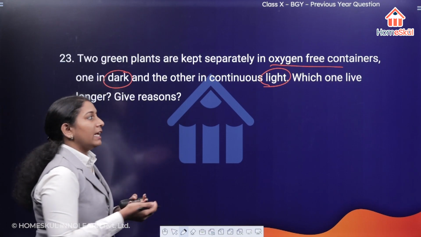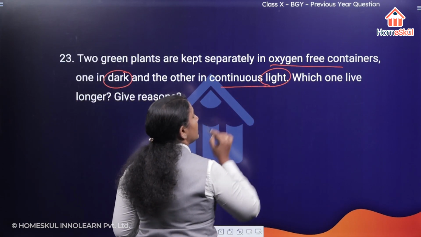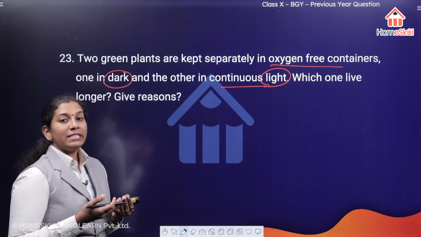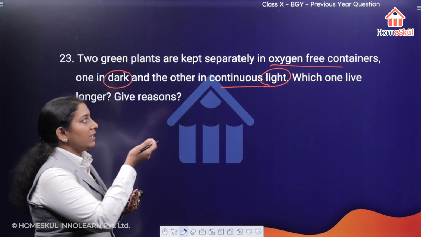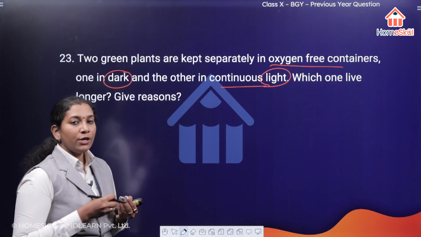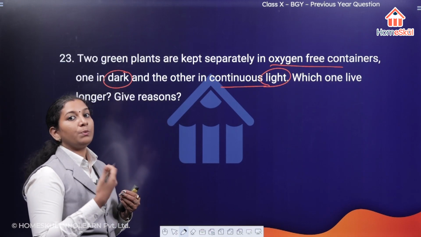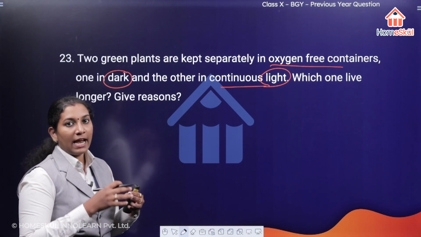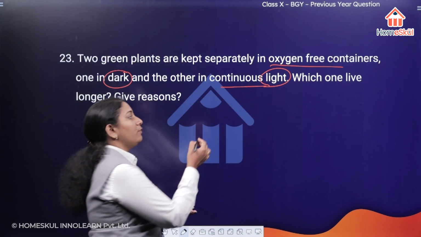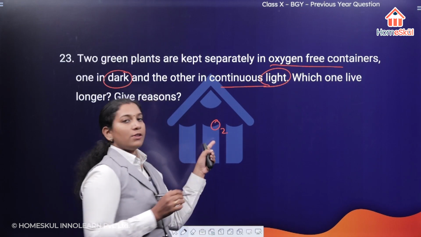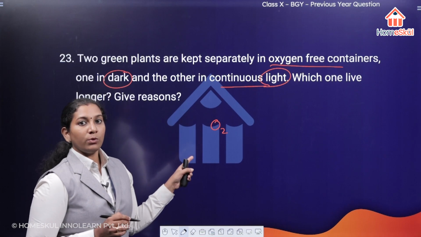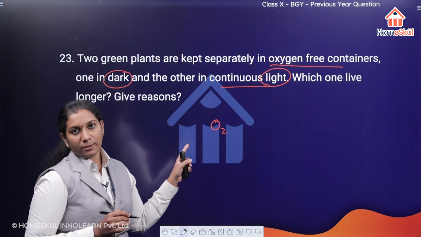What is the reason for that? The plant kept in the light condition will have the ability to photosynthesize because of the availability of sunlight. So it will photosynthesize and produce food materials, that is, glucose is synthesized, and the plant also releases a certain amount of oxygen. This oxygen released from the green plant is utilized by that plant for its respiration too.